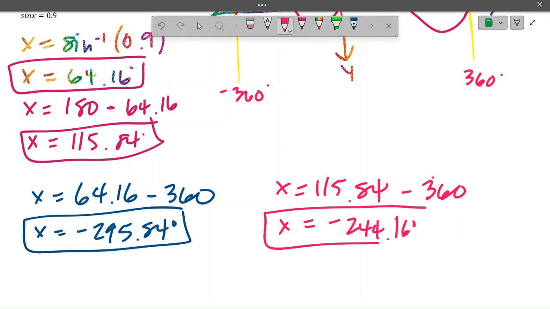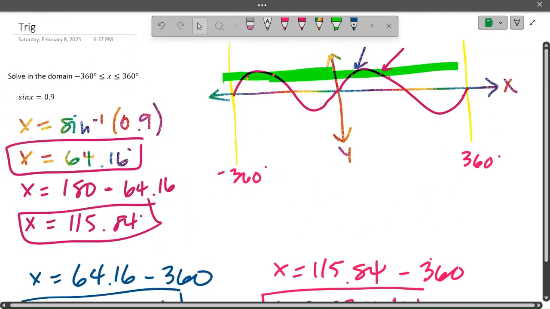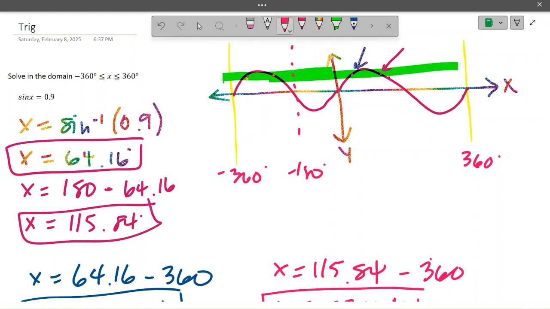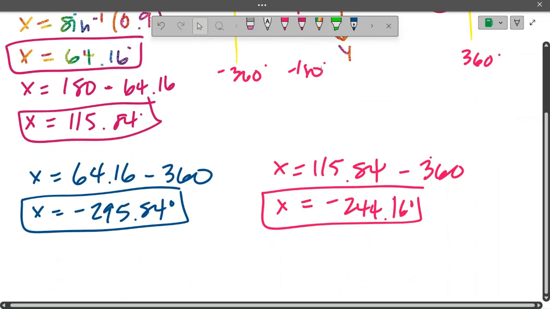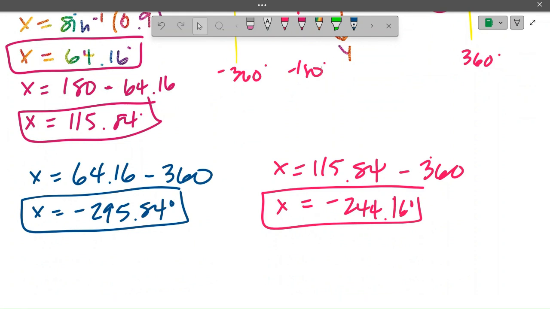So let's just reason this out for a second to make sure that this seems reasonable before we check our answer. So we know, using our knowledge of the sine wave, that this is negative 180 degrees where it touches the x-axis. Both of our answers are smaller than negative 180 degrees, but bigger than negative 360 degrees. So these 2 answers seem reasonable.